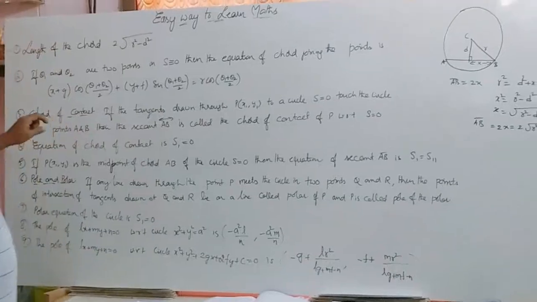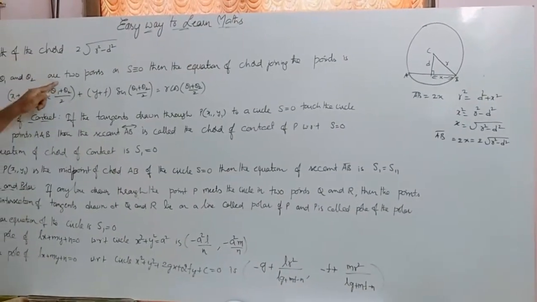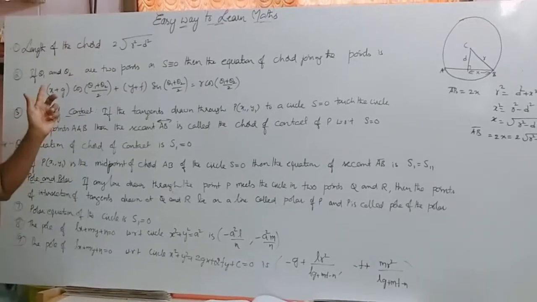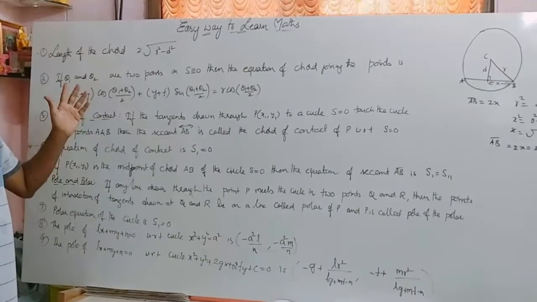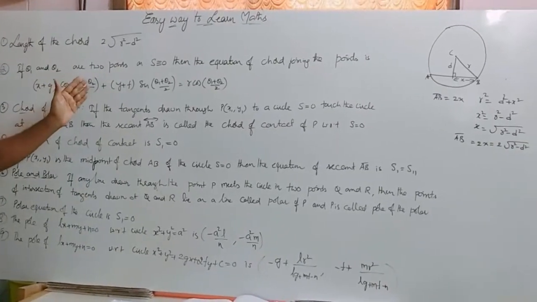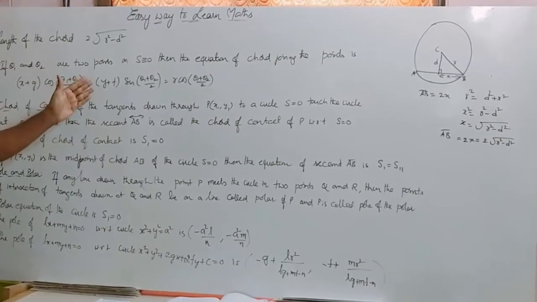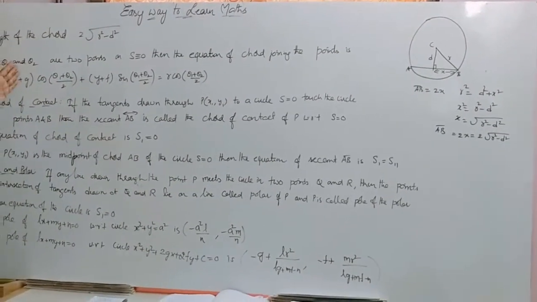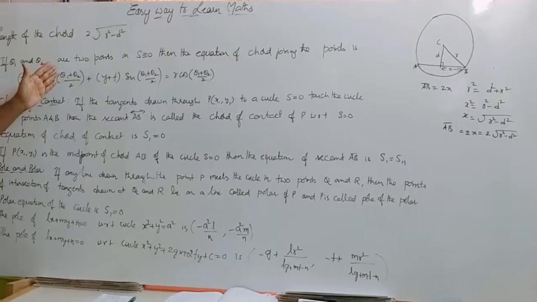Now, if theta 1 and theta 2 are two points on S equal to 0, here the parametric equation is minus g plus r cos theta 1, minus f plus r sin theta 1, and similarly minus g plus r cos theta 2, minus f plus r sin theta 2.